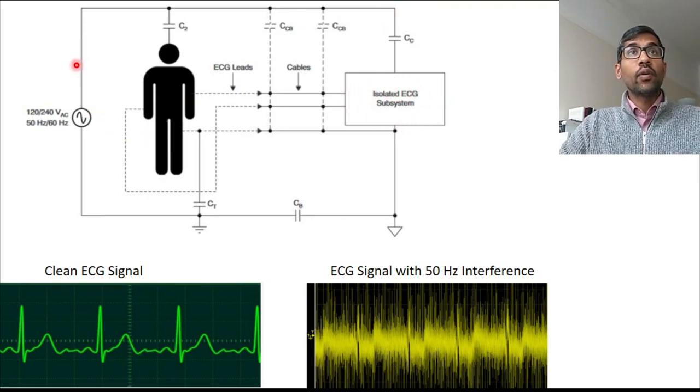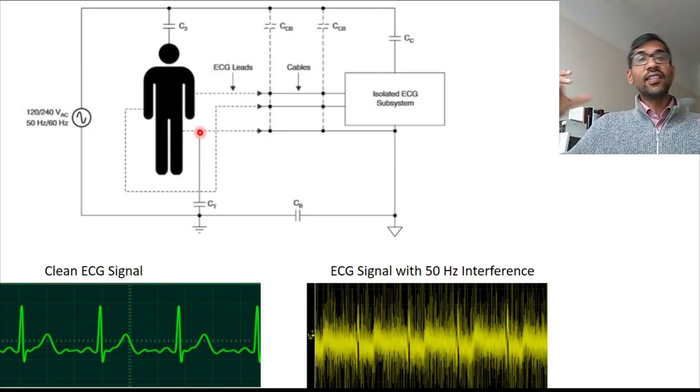Now even as it is supplying this ECG system, what you can see is that you will have certain parasitic capacitances by which this line is connected to the human being, to the ECG leads themselves, and the ground is connected to the person, and so on and so forth.